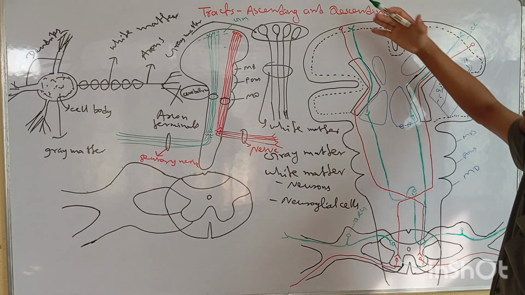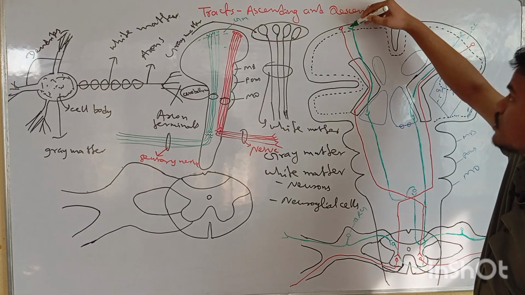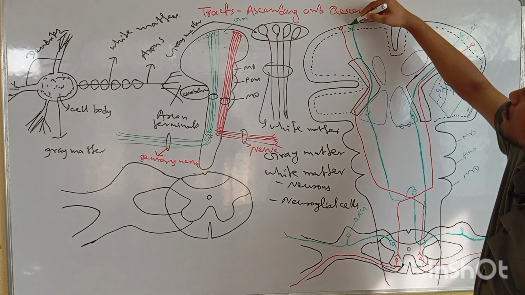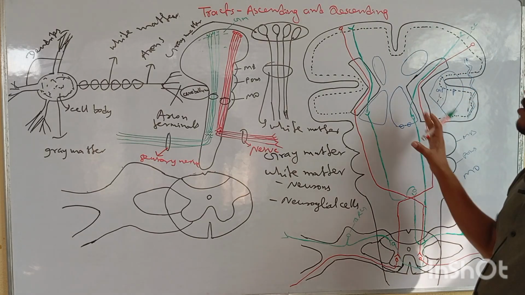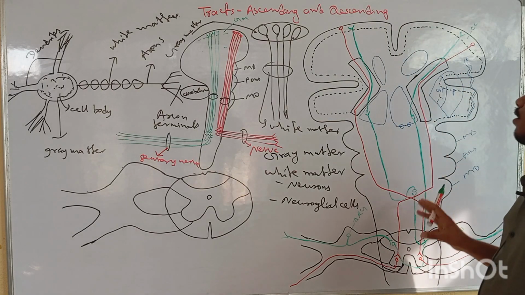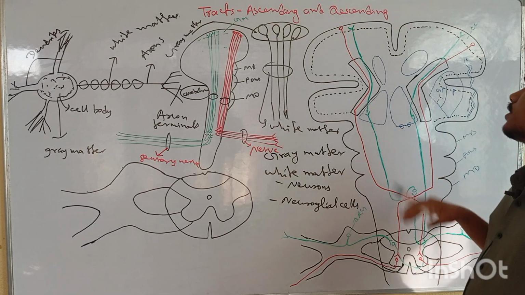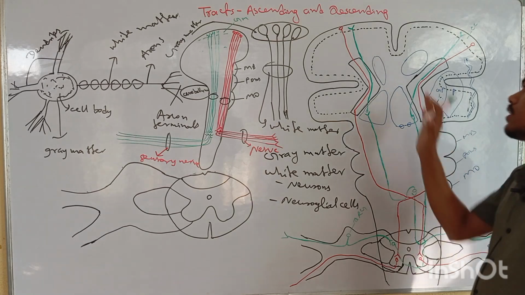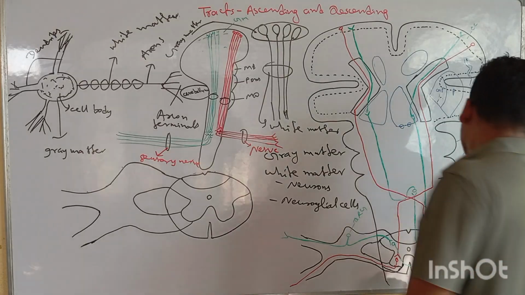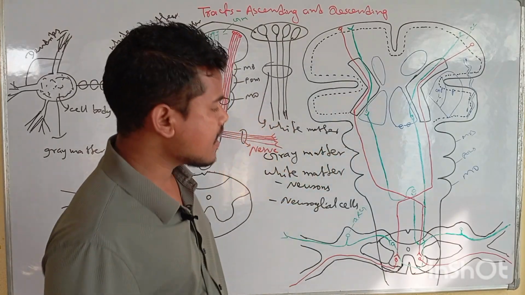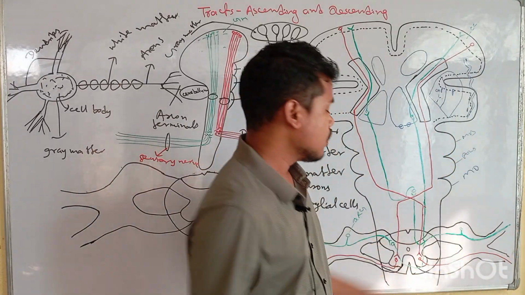If there could be a third synapse, the neuron arising from there will be the fourth order neuron, and this occurs in the olfactory sensations, from the primary cortex to the secondary cortex. Okay, leave that.